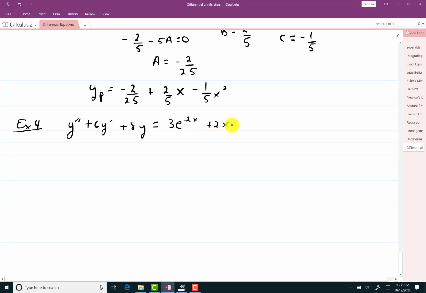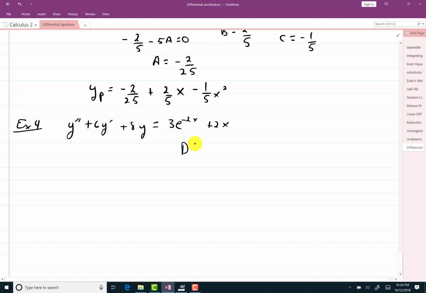Now you can handle these in separate pieces if you want. I don't think it's going to be too bad on this part. To wipe out the 2x is going to be easy, and it's also easy to take out the e to the negative 2x.